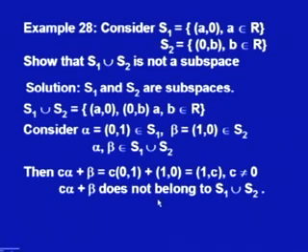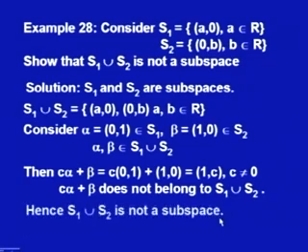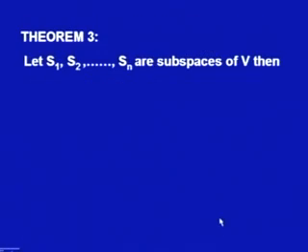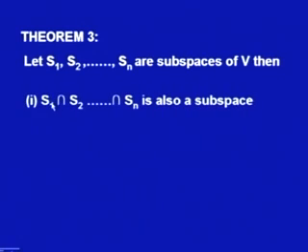So, while S1 intersection S2 will be a subspace for S1, S2 subspaces, S1 union S2 need not be a subspace. Now, this result is generalized in the form of theorem 3, and what we say is that if S1, S2, up to Sn are subspaces of V, then the first result says that S1 intersection S2 intersection up to Sn is also a subspace, although we have proved it for n equal to 2.